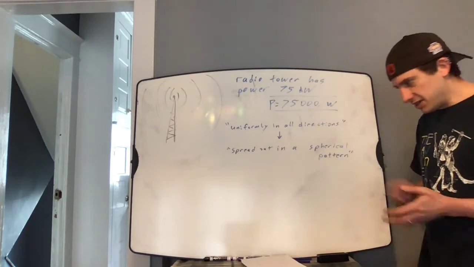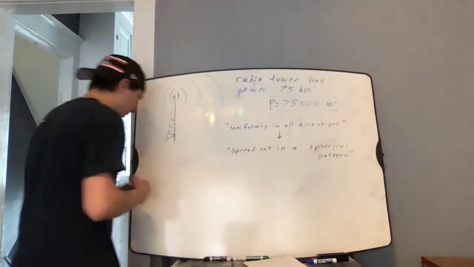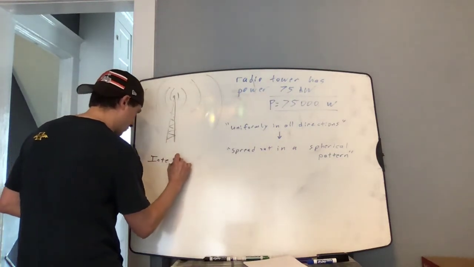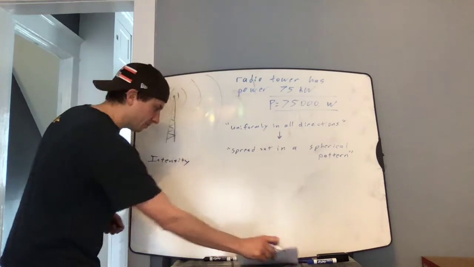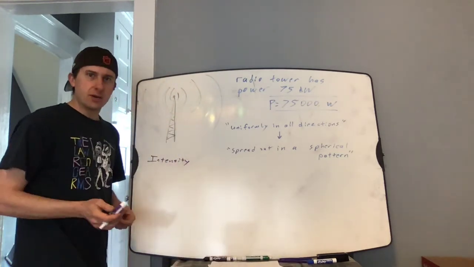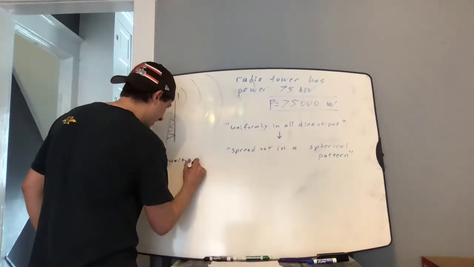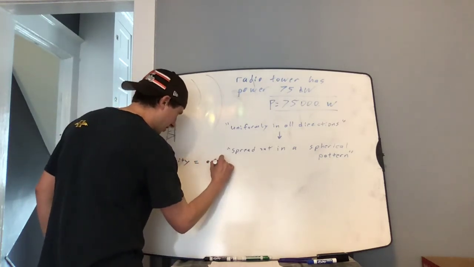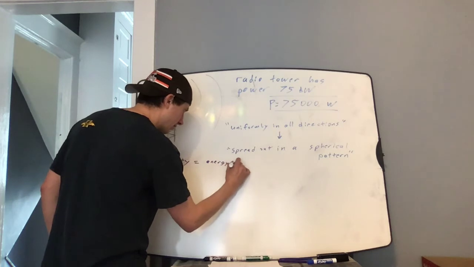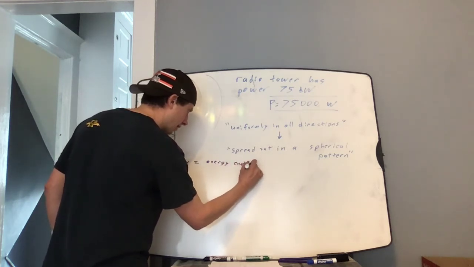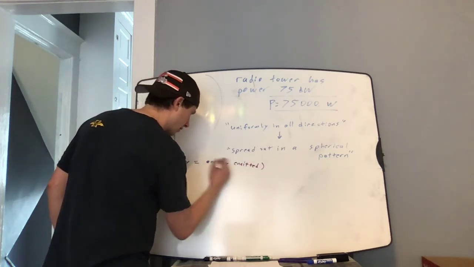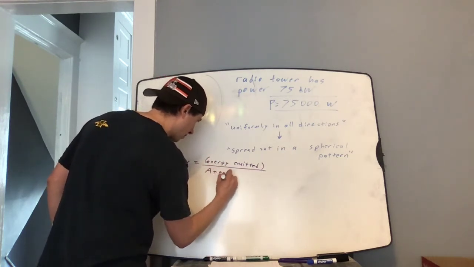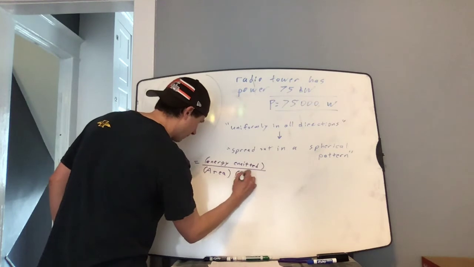So what is intensity? Intensity is basically the energy emitted per area per time.